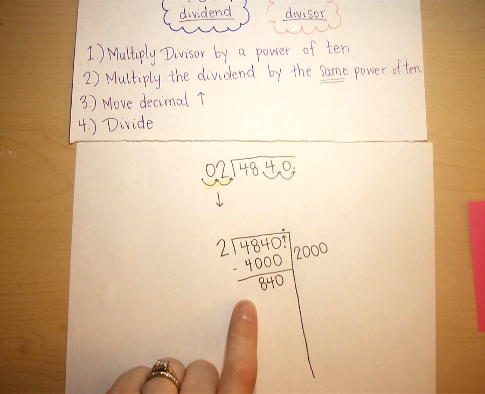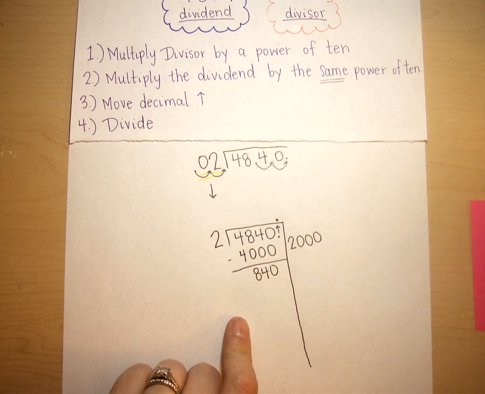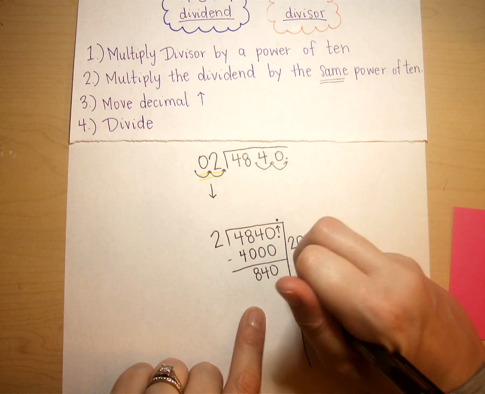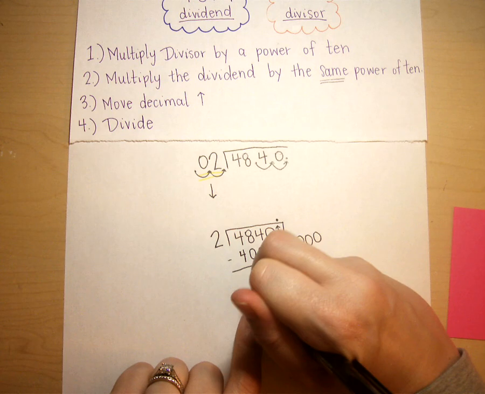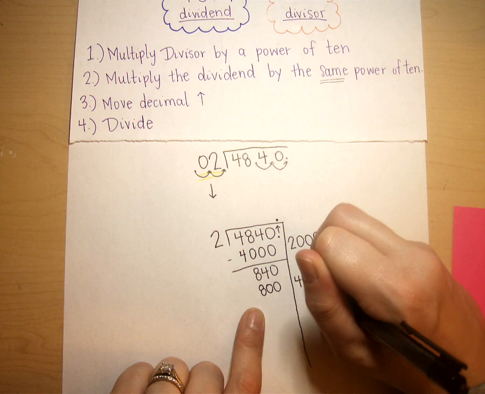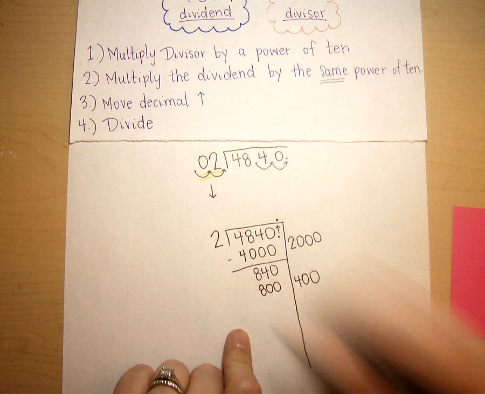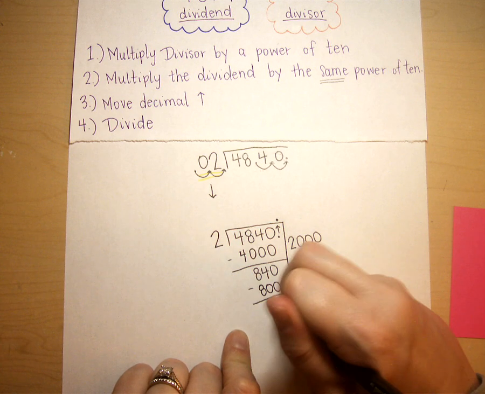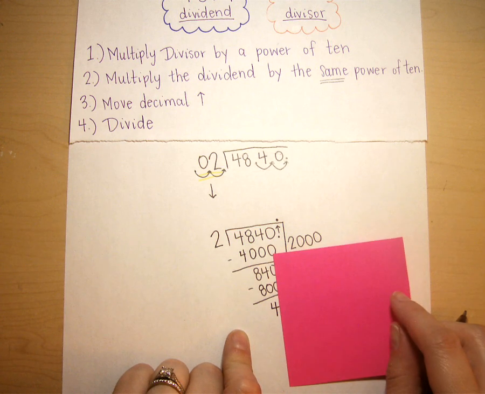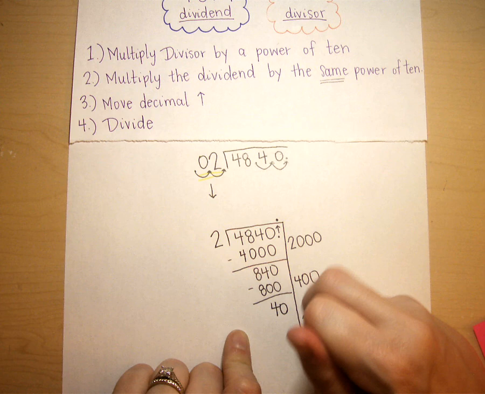All right, well, how many 2's can I find in 8? I can find 4 2's in 8. So then I can find 400 2's in 800. How many 2's can I find in 4? 2 again.